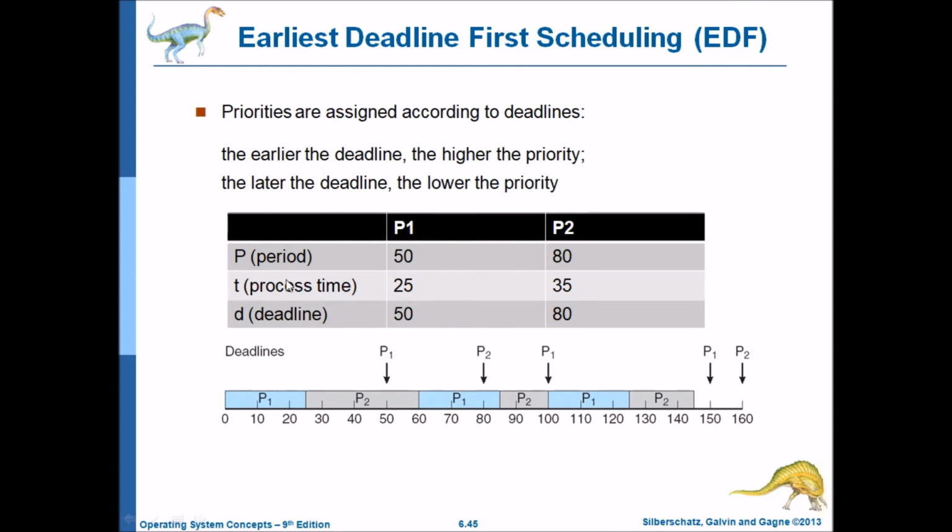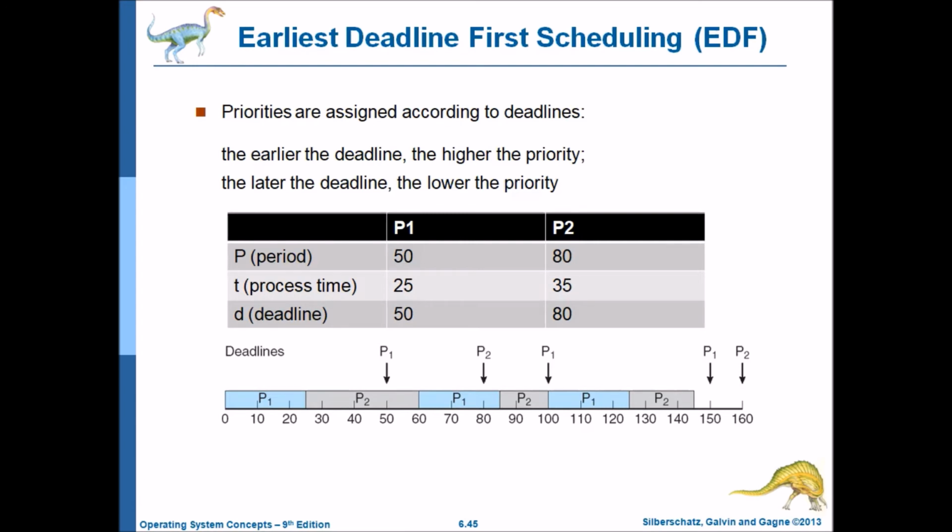Since process P1 has an earlier deadline, it initially has higher priority than process P2. Process P2 begins running at the end of the CPU burst for P1.